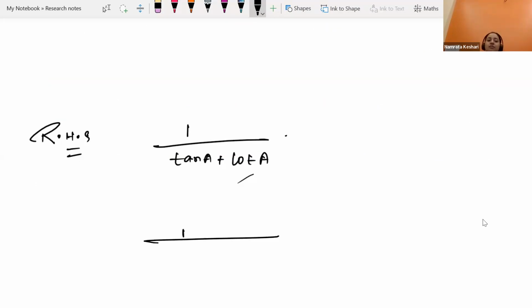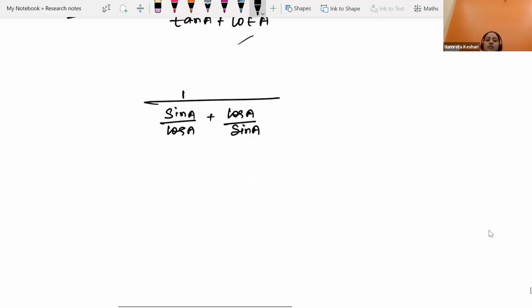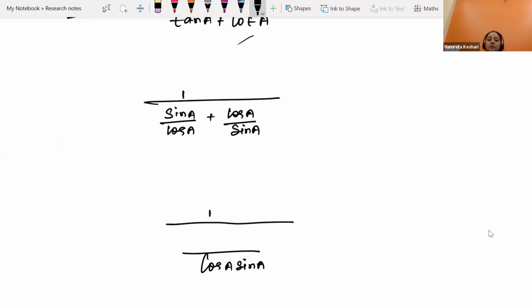So we'll have 1 by sine A by cos A, and cot A will be cos A by sine A. Now we can do the simplification in the denominator. What will be the LCM? Cos A into sine A.